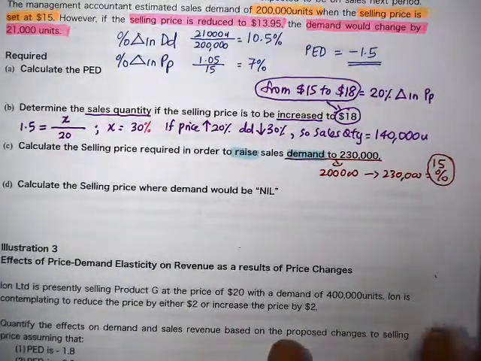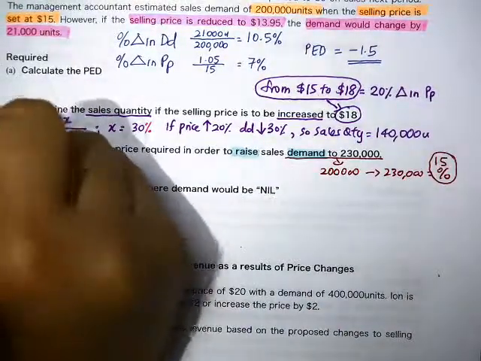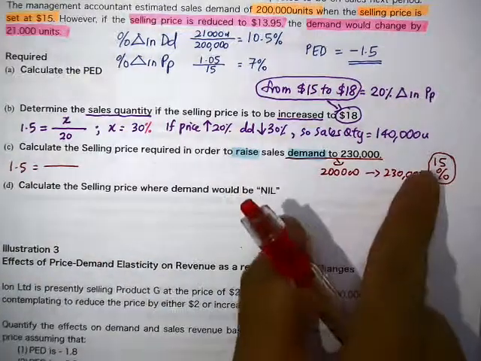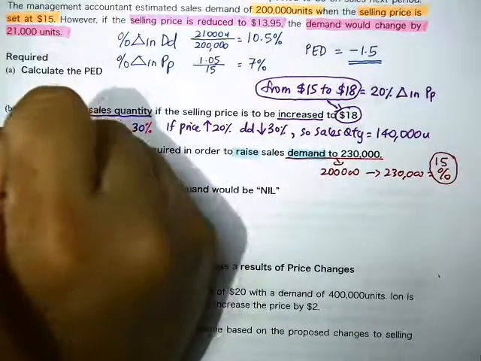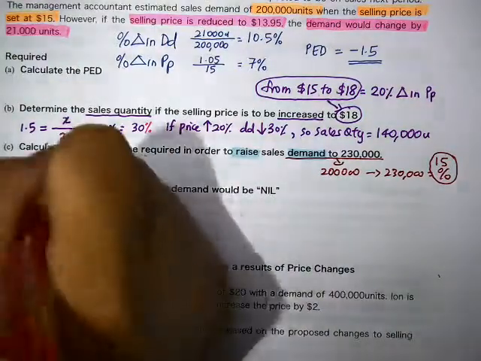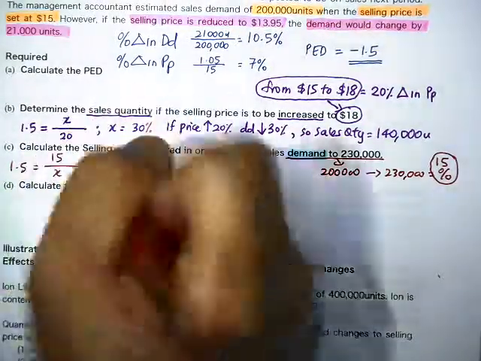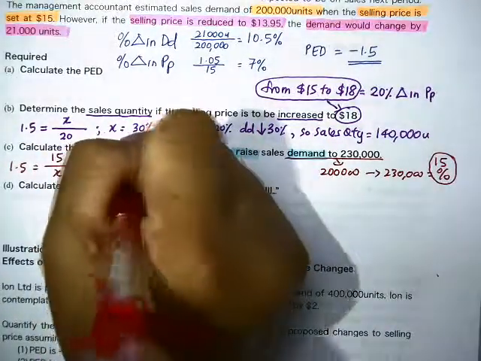Okay, class, if you know the change is 15%, then PED is 1.5. Demand changes by 15%, so 15 is on top. Price is X. Then X is what? 10%.